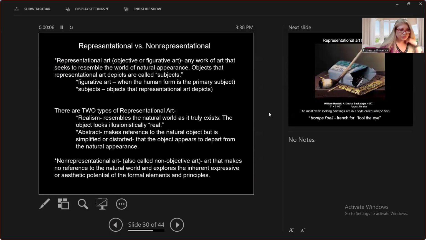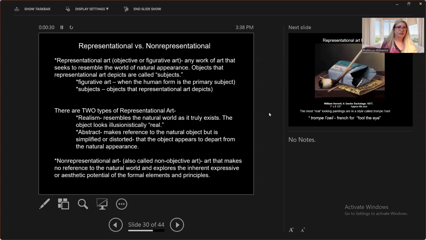So as we continue in representational art, we're talking about art that's known to be objective or figurative art. So any work of art that seeks to resemble the world of natural appearance. These objects oftentimes in representational art are called subjects.